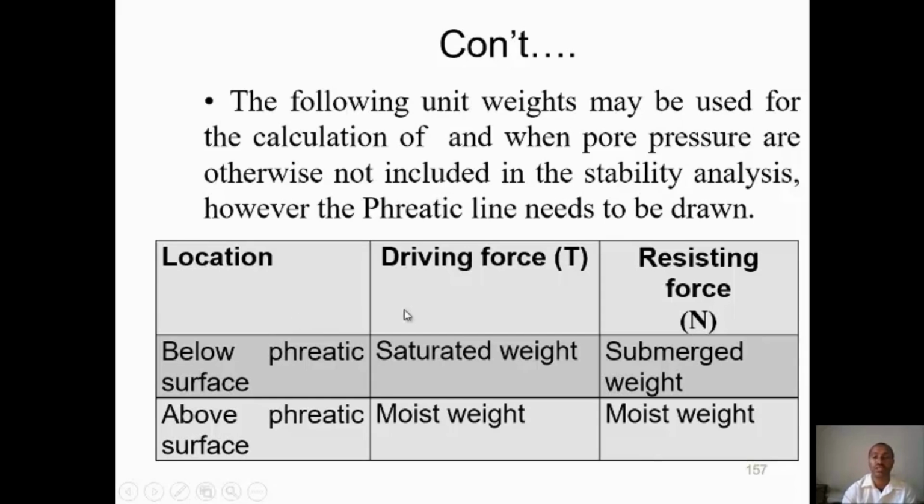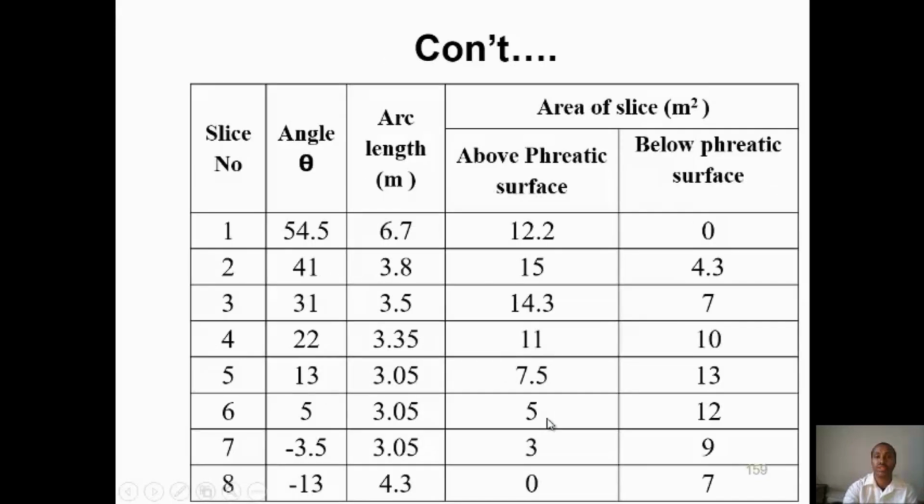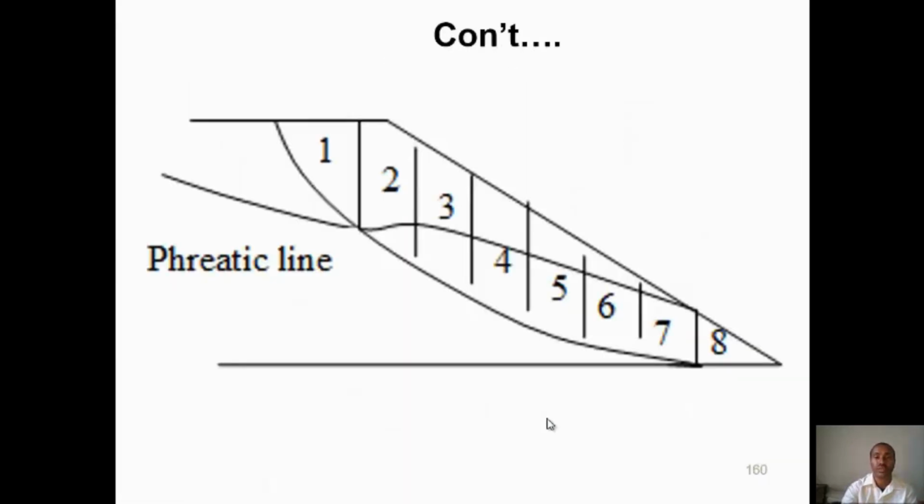So when you take W sin theta and W cos theta, you should use gamma times volume in place of W. You will select gamma from this table, whether saturated, moist, or submerged, etc. I think this is a good example in the worksheet problem.